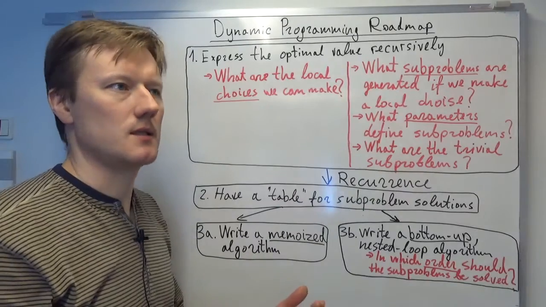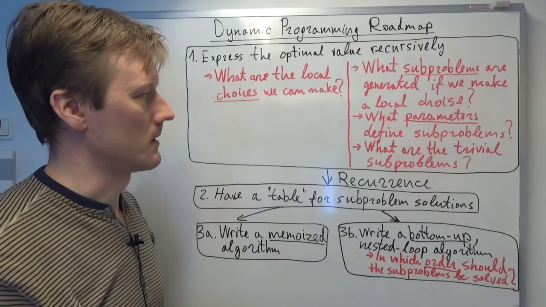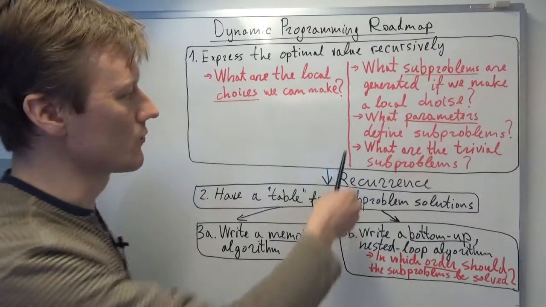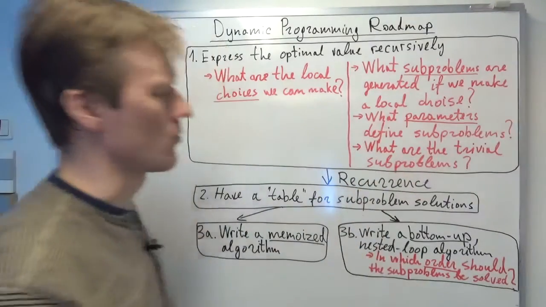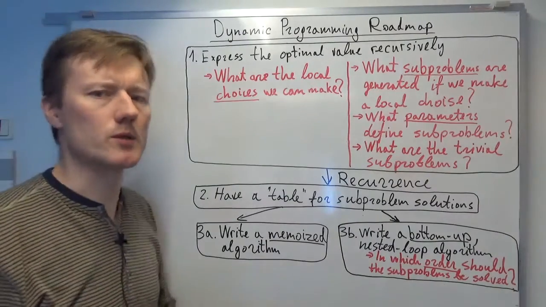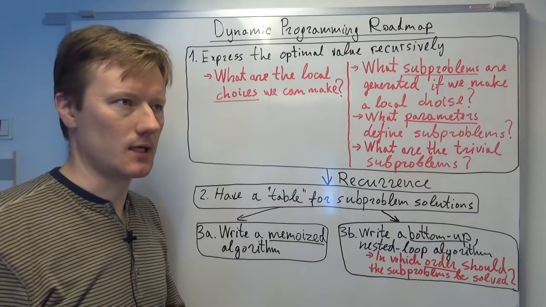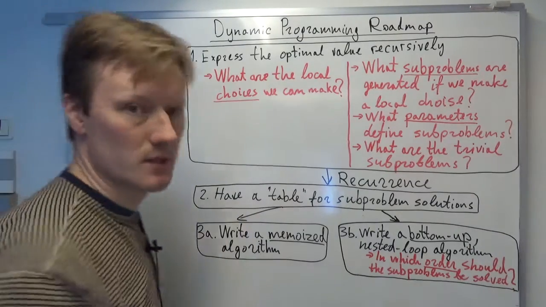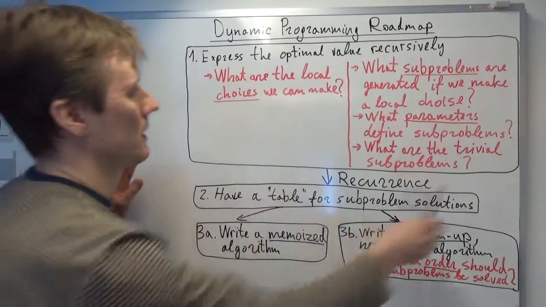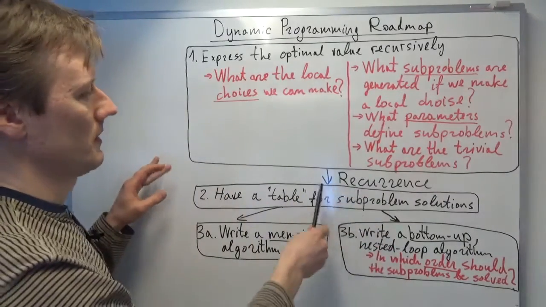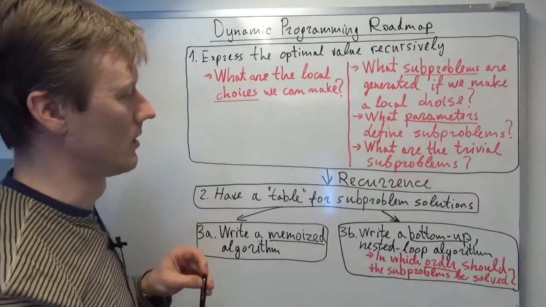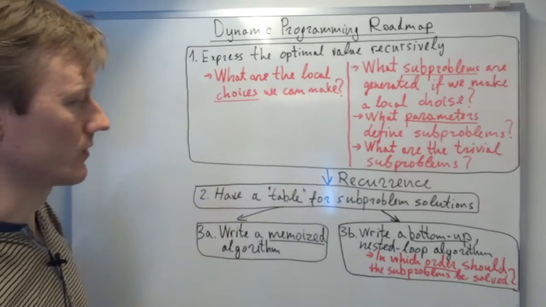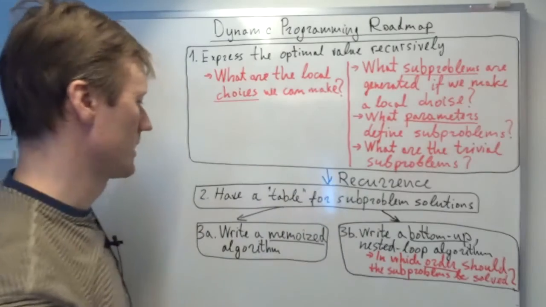When does the recursion stop? For that, you have to think: what are the trivial subproblems where we know the answer immediately and we don't express it recursively? So the output of this is the recurrence relations for the value that we want to optimize.